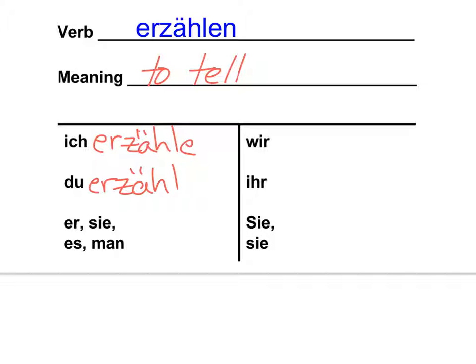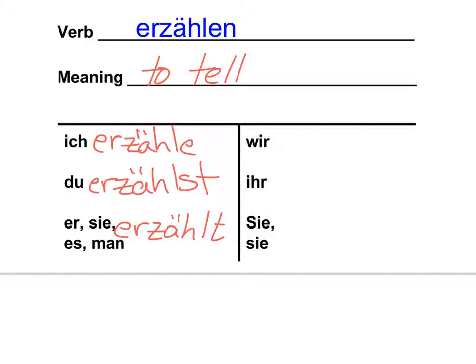So you've got your base. Just add your st directly to it. Everybody try that one. Du erzählst. What about sie, es, and man? Erzählt. Try that one.